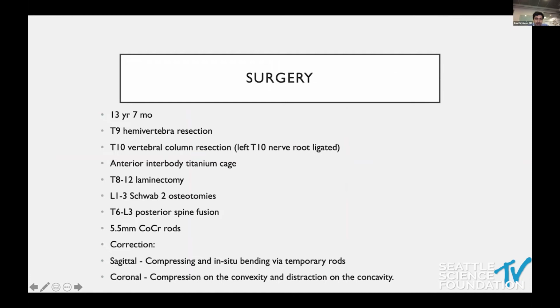Schwab 2 osteotomies were performed. And then the posterior fusion using pedicle screws T6 to L3 and 5.5 millimeter cobalt chrome rods. The correction maneuvers were sagittal compression, in situ bending via temporary rod, and then coronal compression on the convexity and distraction on the concavity.